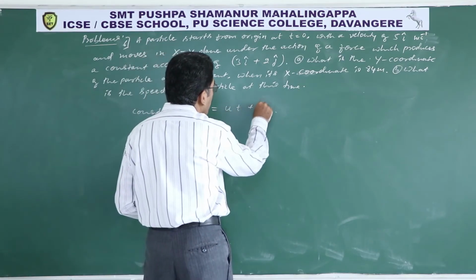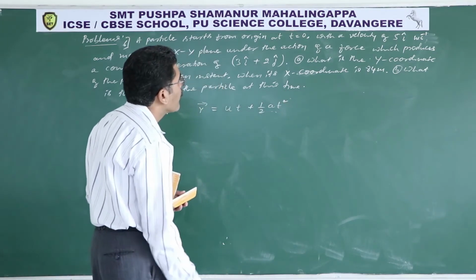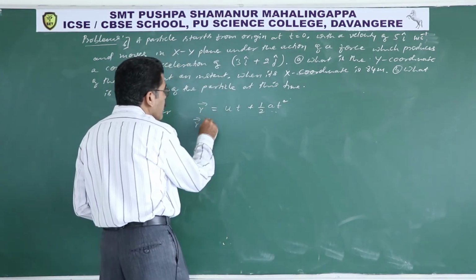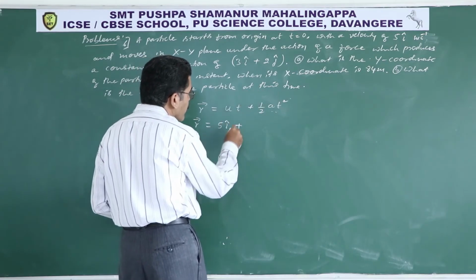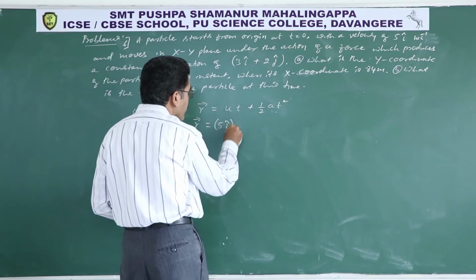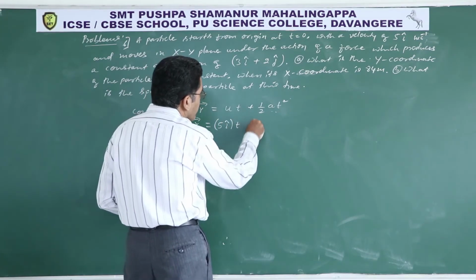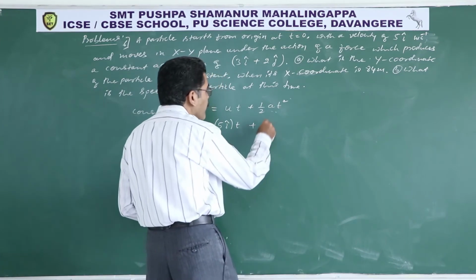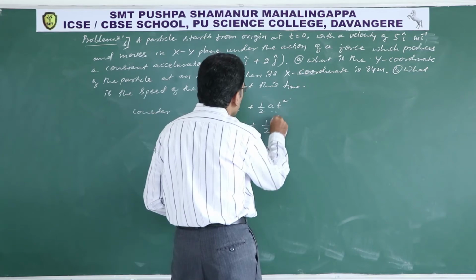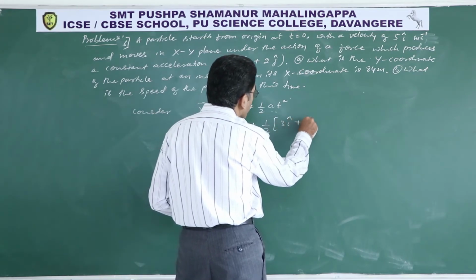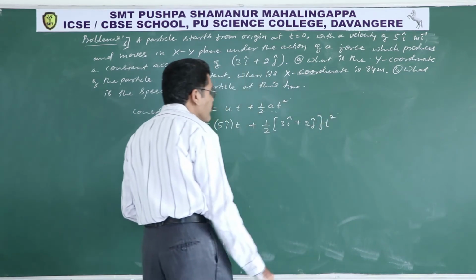Here, r is equal to initial velocity 5 i cap into t plus half into a, which is 3 i cap plus 2 j cap, into t square.